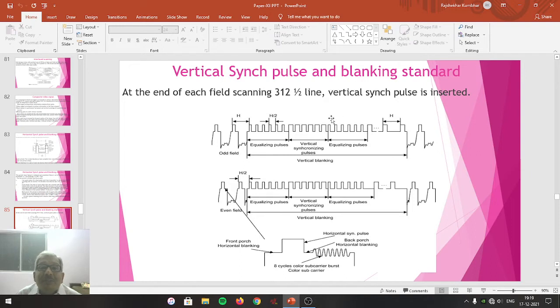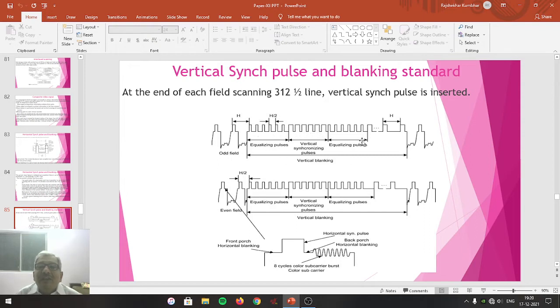These consist of pre-equalizing pulses, post-equalizing pulses and vertical synchronizing pulses. Pre-equalizing 5 pulses, post-equalizing 5 pulses and vertical synchronizing 5 pulses. Each have their own timing standards.